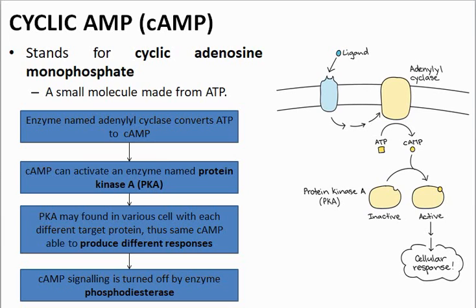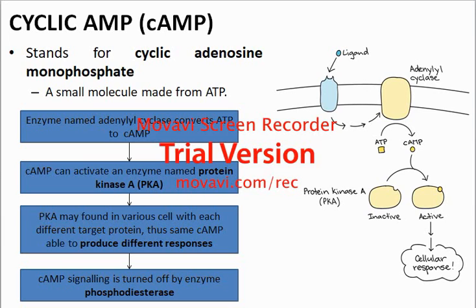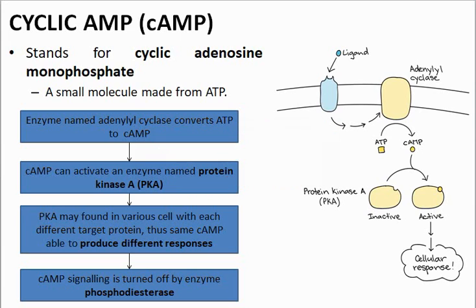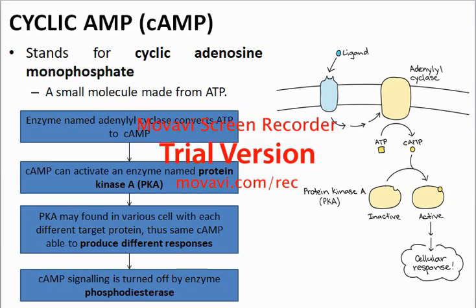Once generated, cAMP can activate an enzyme called protein kinase A, or PKA, enabling it to phosphorylate its targets and pass along the signal. Protein kinase A is found in a variety of types of cells, and it has different target proteins in each.